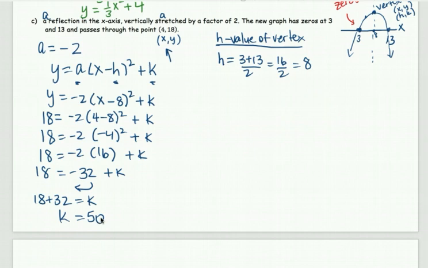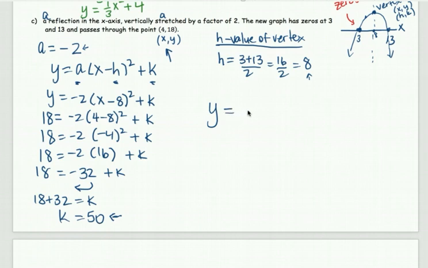Okay, all right, so a lot of information here that we had to kind of decipher and then get to little pieces of the equation and then get to the last piece of the equation. So now we have k, okay? We have k, we have a, we have h, okay? So now we're going to build our equation.